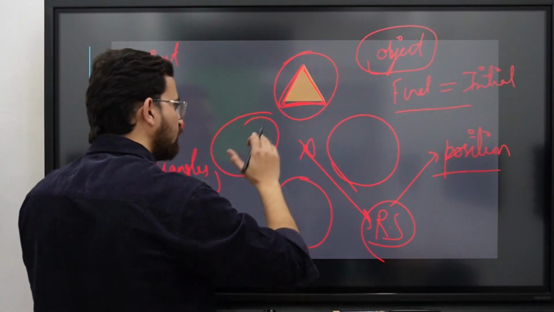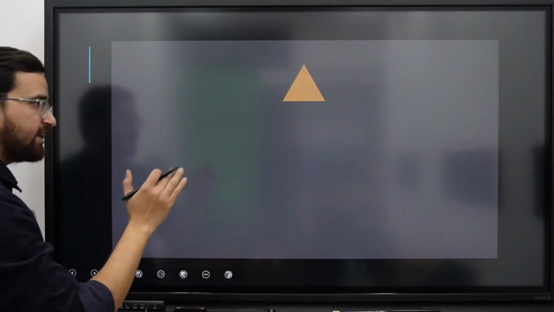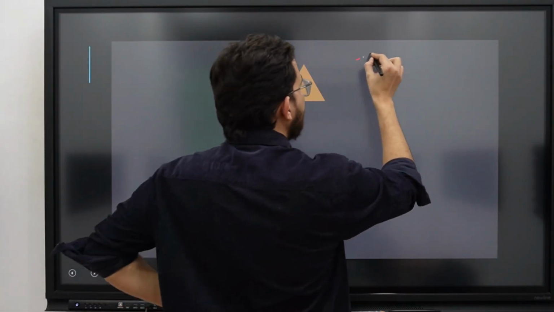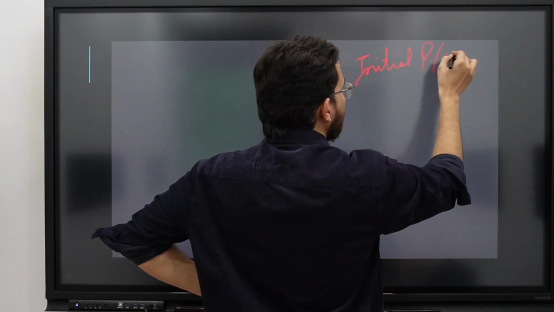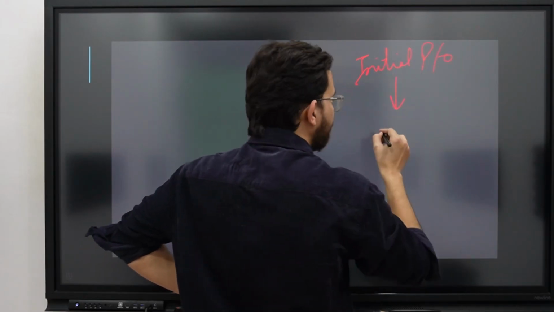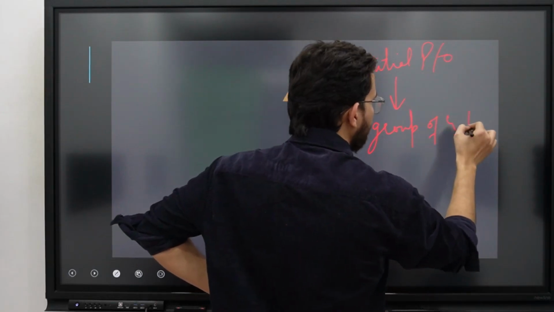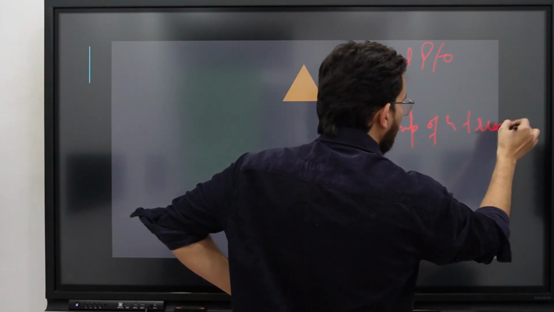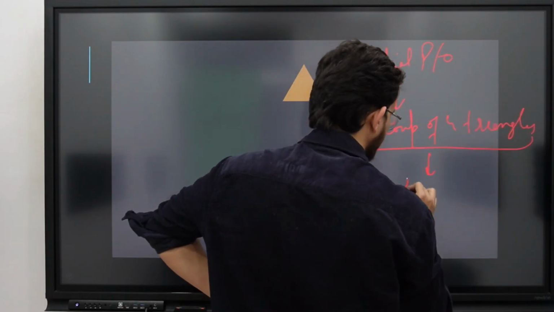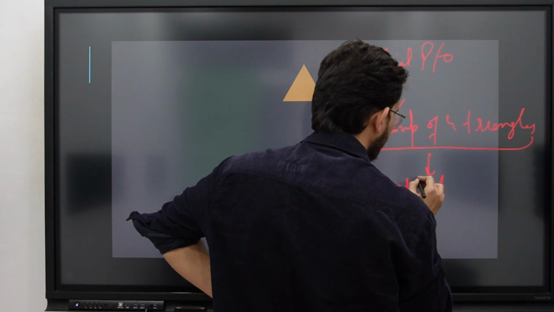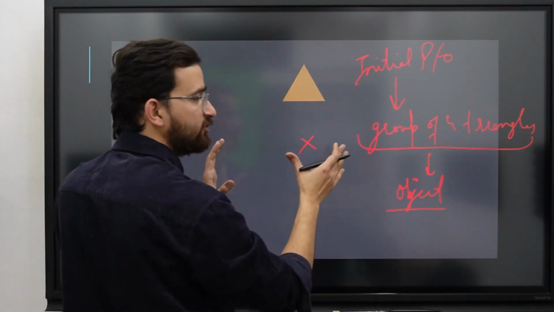Okay. So if you want to judge whether this object has any symmetry going on for it, you would have to check the initial position and orientation for the group of four triangles. Why? Because the group of four triangles is defined as the object, because the rotational symmetry is inside the group of these four.